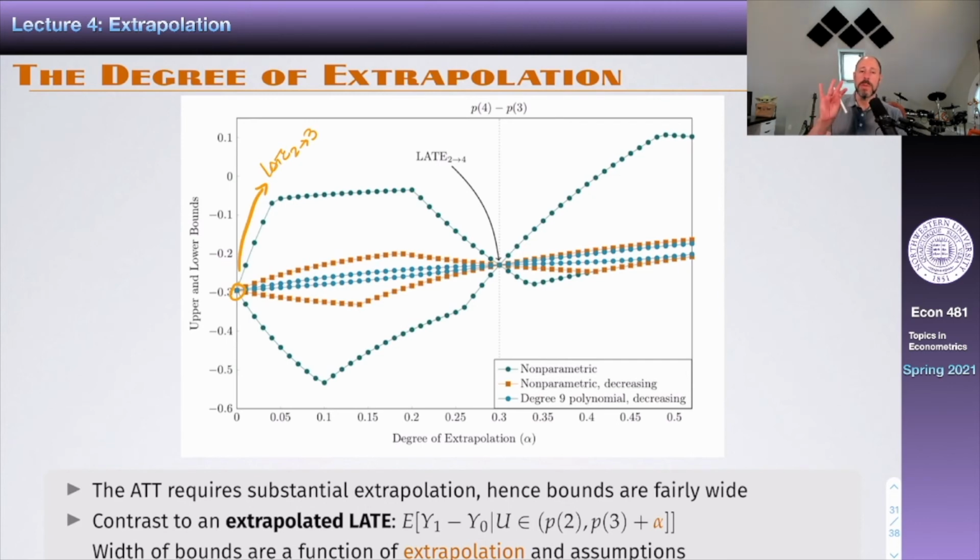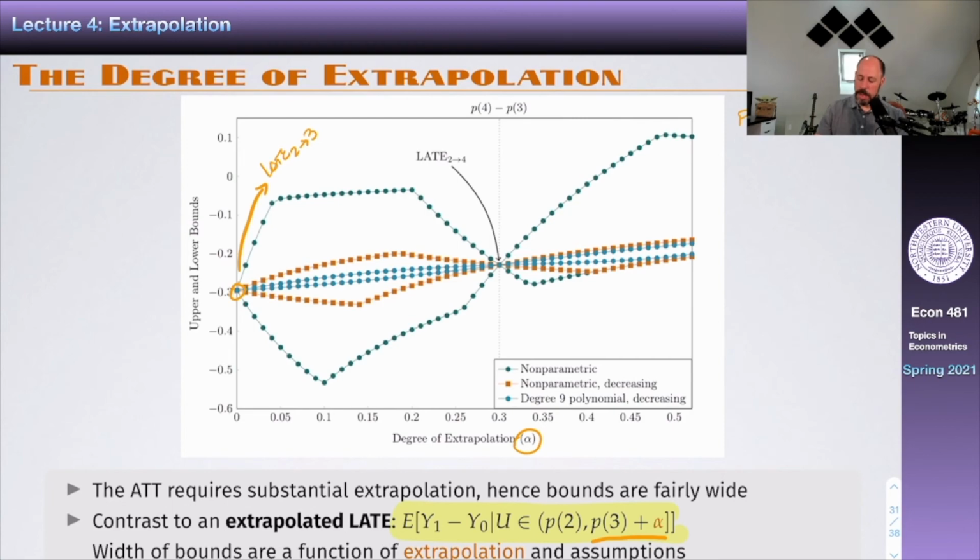From the data, remember that there are 4 points of support of the propensity scores: P1, P2, P3, P4. But what we want here is just the local average treatment effect, where you just increase the propensity score of those that have P3, you just increase it a little bit. And here you have alpha. Okay, so you go from 0 and you keep going.